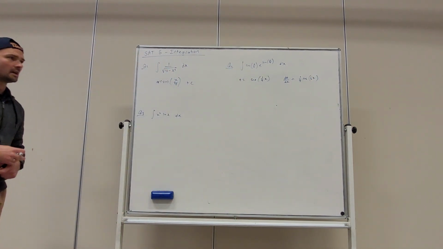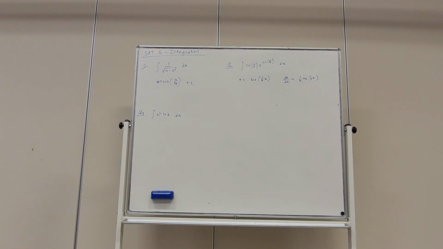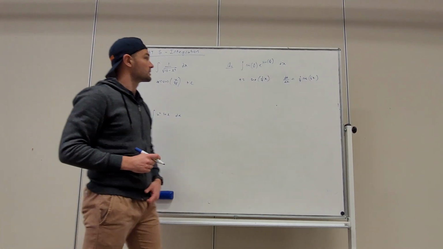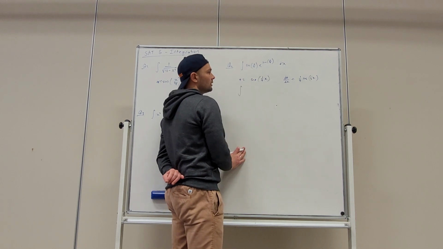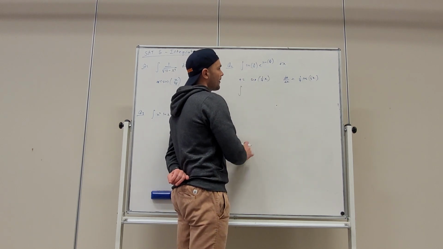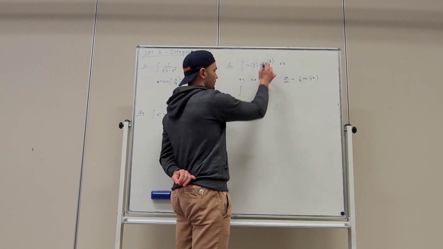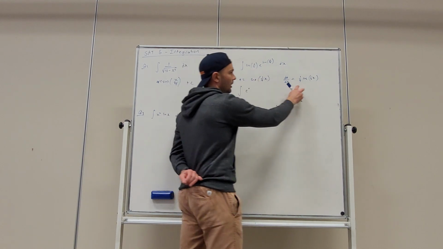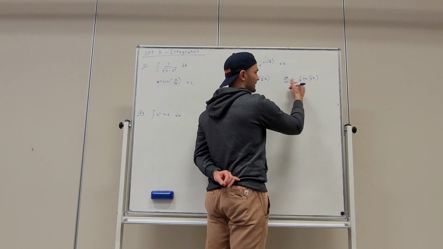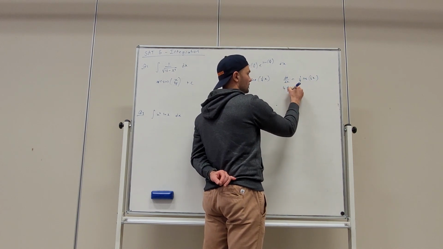So we have u and du on dx. Then let's restate the integral that we have here in terms of u. So what we have is the integral of e to the u. And then this here, if we think about cos of a quarter x, it's equal to 4 lots of du on dx.